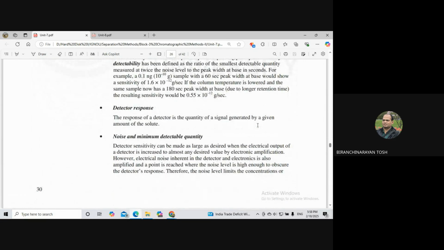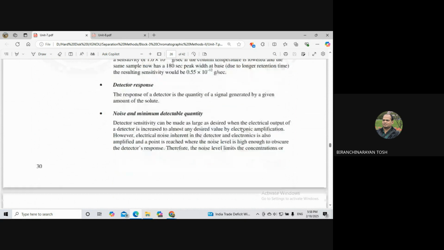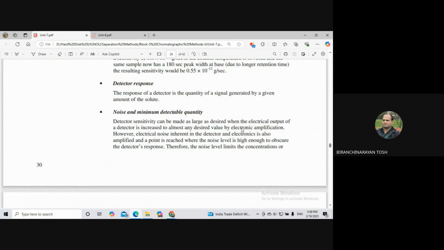Similarly, detector response is the quantity of signal generated by a given amount of solute. So noise and minimum detectable quantity matter.